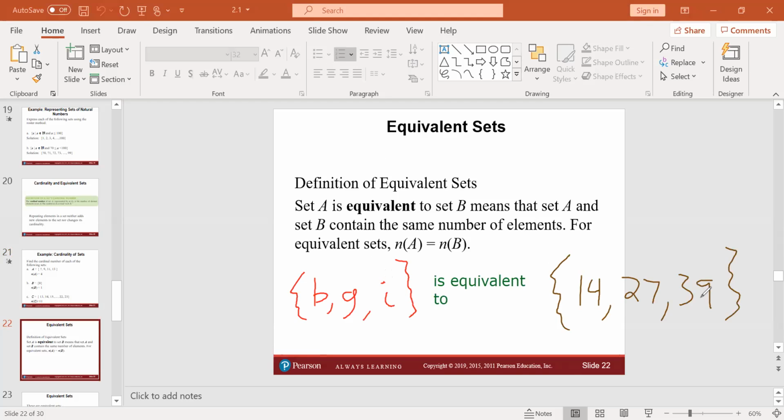How many of you that blows your mind? You're like, what? The word equivalent, though, it's just a definition at the end of the day.